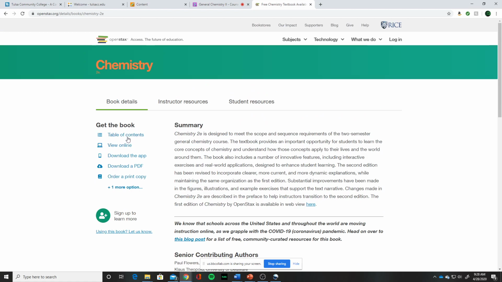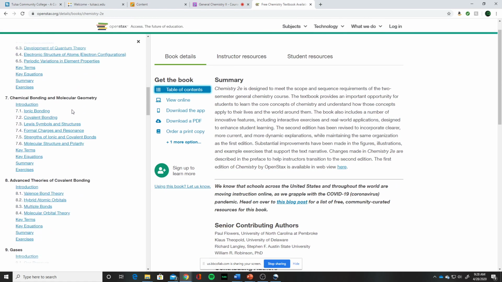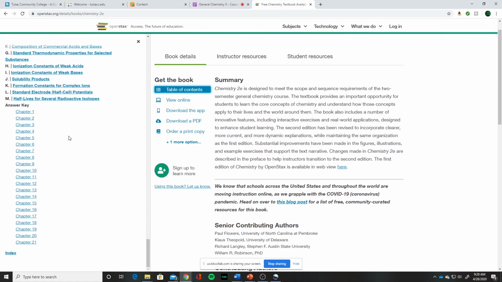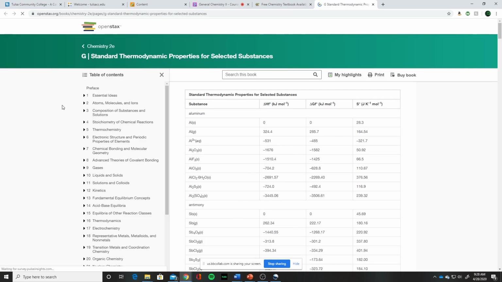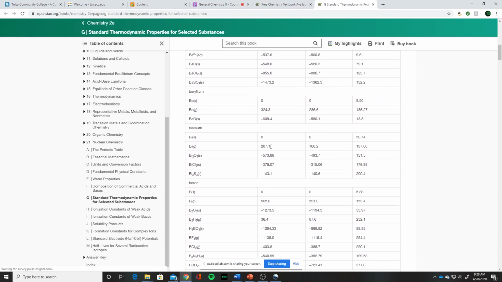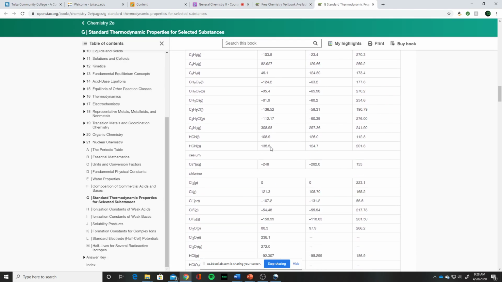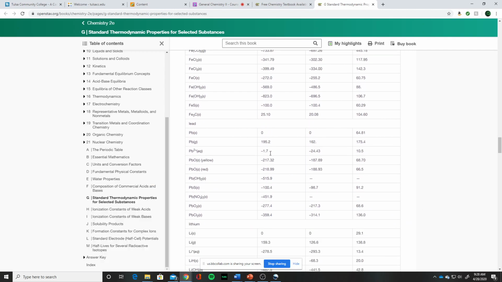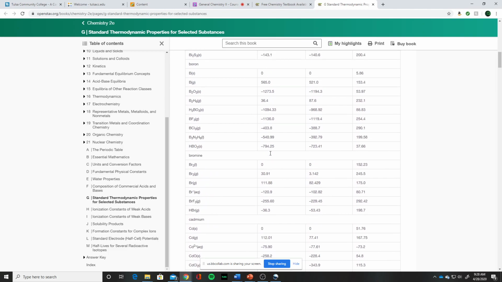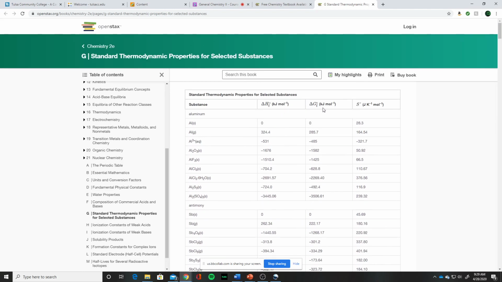And so, if I look at the table of contents here, scroll down. Appendix G, Standard Thermodynamic Properties for Selected Substances. And so there's a whole bunch of different substances that it shows there. And so we would be interested in the second column and the third column when we were answering those questions.